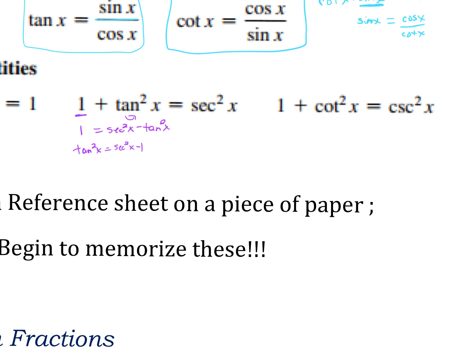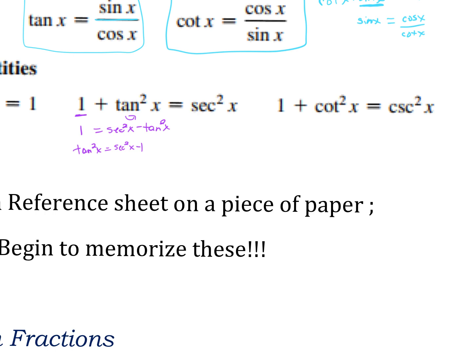Now think about Nicholson's, which says 1 plus cotangent squared x equals cosecant squared x. Okay, what do you notice that is so similar to Drew's and Nicholson's identities here? 1 plus tangent squared in Drew's, 1 plus cotangent squared in Nicholson's, equals secant squared, equals cosecant squared.